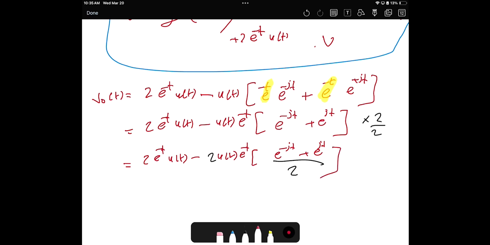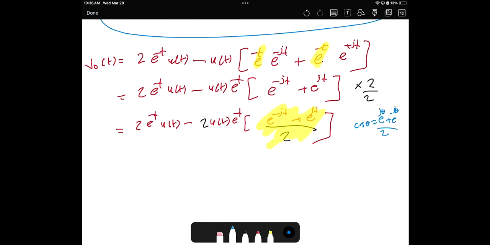That's what I did. And according to Euler's formula, this is what? Sine or cosine. We call cosine theta e power j theta plus e power negative j theta divided by 2. Okay? So this is cosine t.